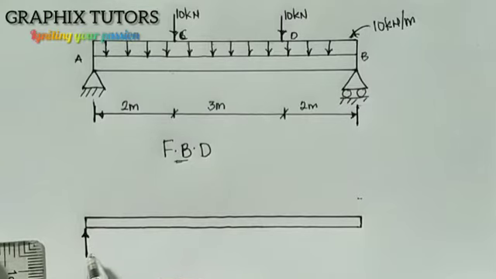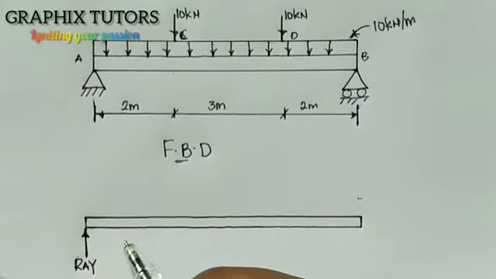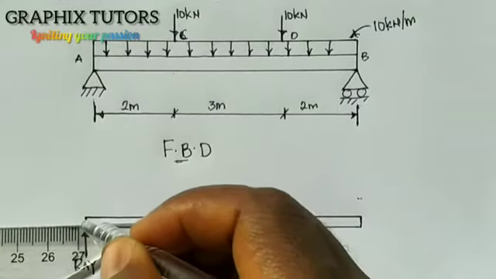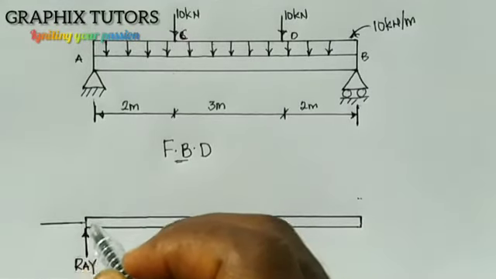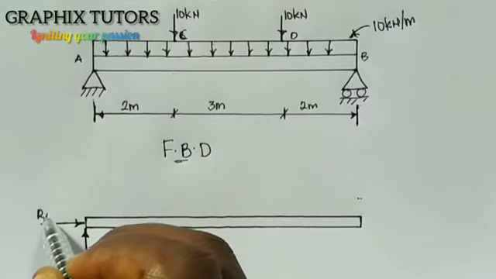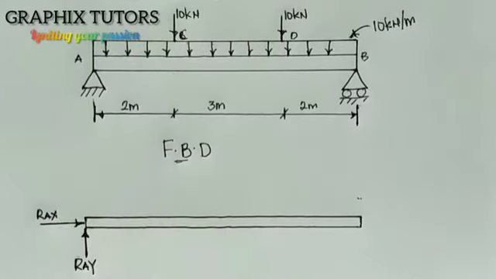So we're going to call it RAY, meaning the reaction at point A along the y-axis, and also we have the RAX this way, coming in this direction. So this is my RAX, meaning the reaction at point A along the x-axis.